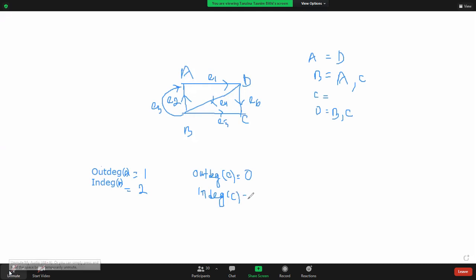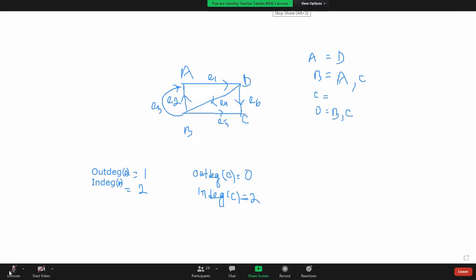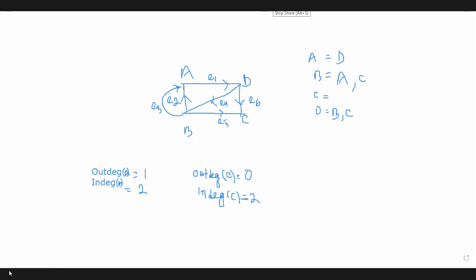So in the next class, we'll discuss some other properties of graphs. Now we discussed how many types of graph: simple graph, connected graph, complete graph, weighted graph, multigraph, tree graph, and the last one, directed graph.